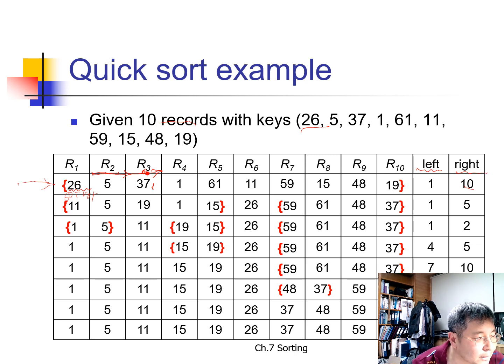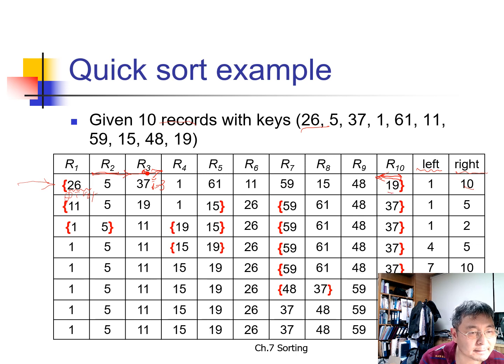So the I value becomes 3 here, and then next the J do loop starts from right +1, and it will decrease. That means that it will go from right to left.